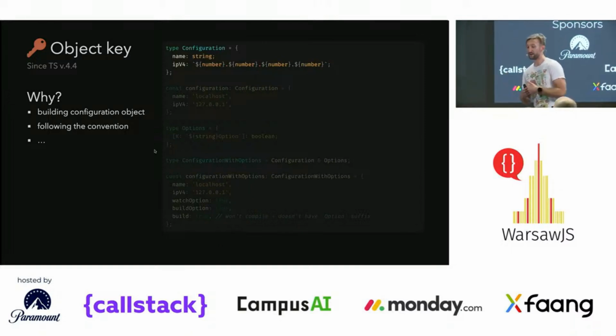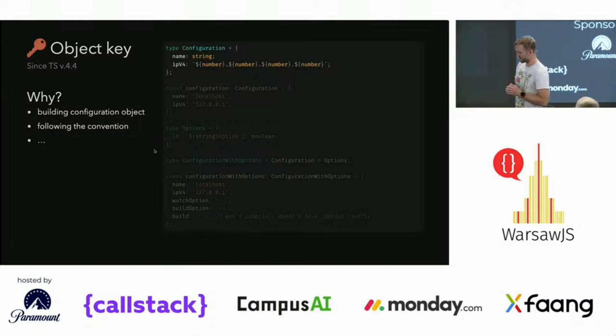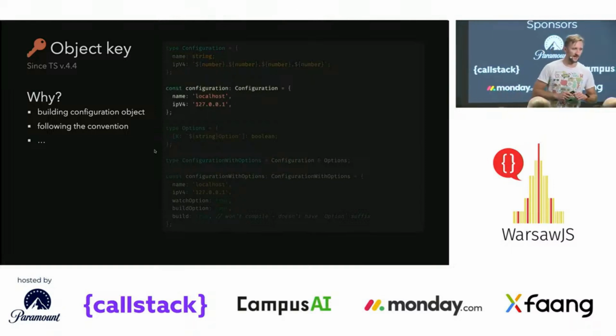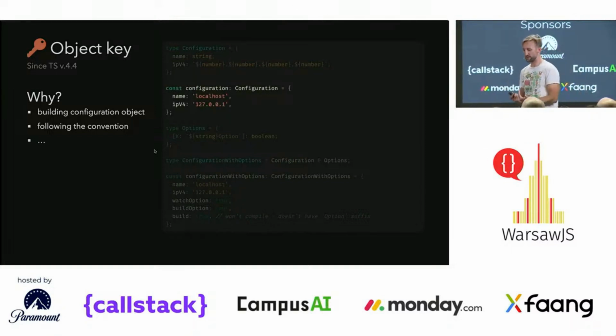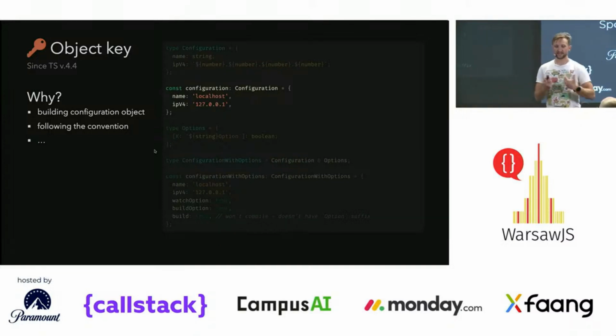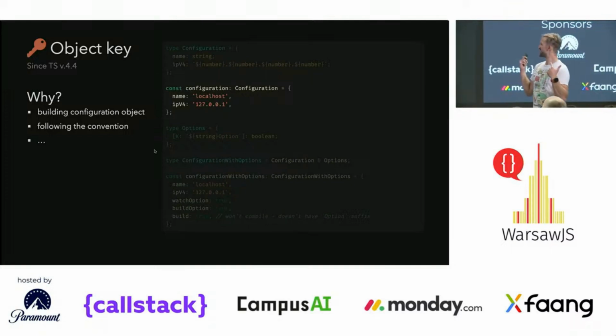So we know the format of IP version 4. Those will be 4 numbers, okay, 8 bits numbers, but for simplicity, those 4 numbers separated by the dot, right? We can type it with a template literal type. And now it will force us to put a correct value here, right? So if you're making the configuration in the code, it will guard you to not put any gibberish there.